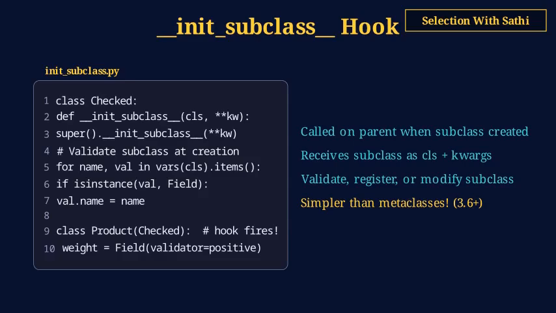This hook is perfect for three things: validating that subclasses have required attributes, automatically registering subclasses in a registry, and injecting methods or behavior into subclasses. Always call super's __init_subclass__ to support cooperative inheritance.